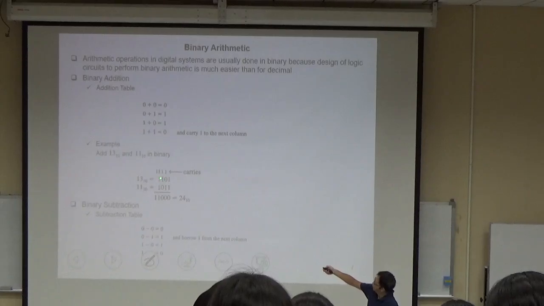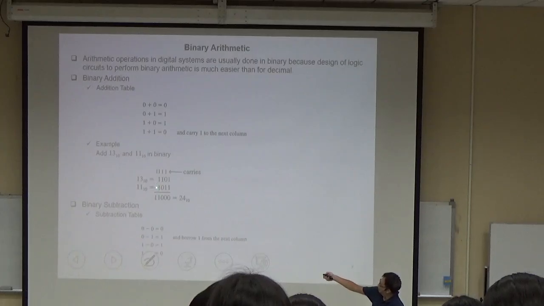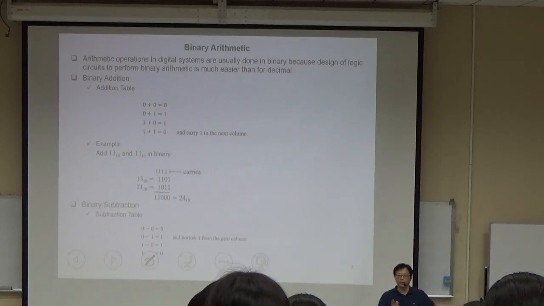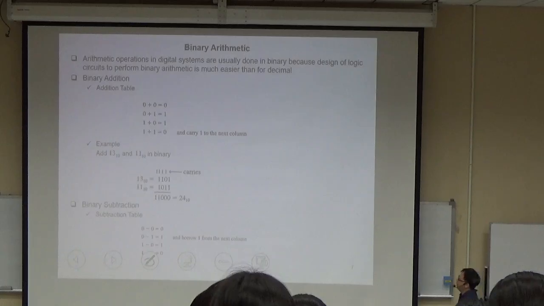So 1 plus 1 is 10, 0 and 1 carry. And the 0 added to this 1 gets 1, and we have carry 1 right here. And the other digit 0 plus 1 gets 1 right here. This is the final result. So this is the example of the addition.